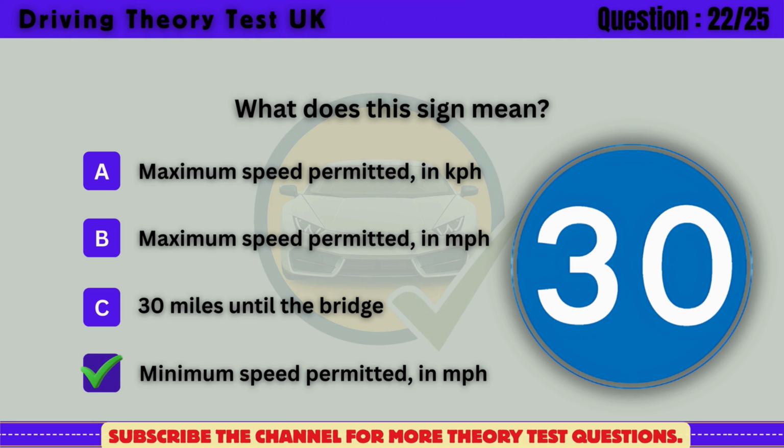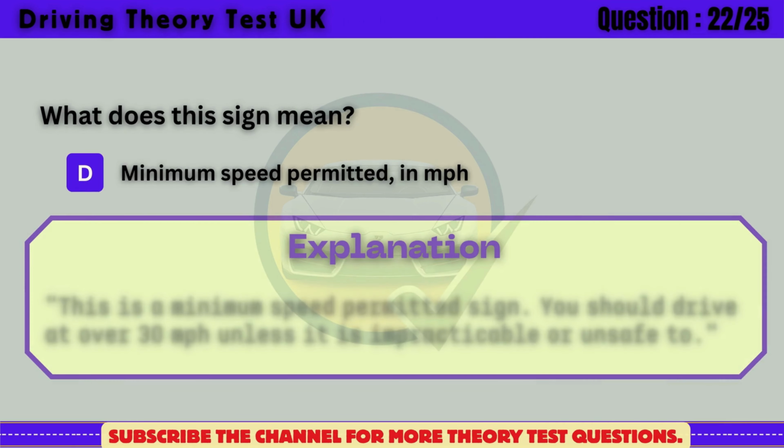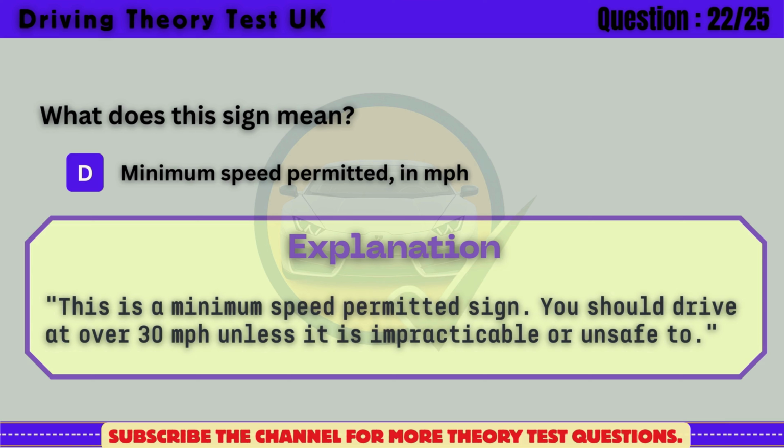Answer was D. Minimum speed permitted, in miles per hour. This is a minimum speed permitted sign. You should drive at over 30 miles per hour unless it is impracticable or unsafe to.